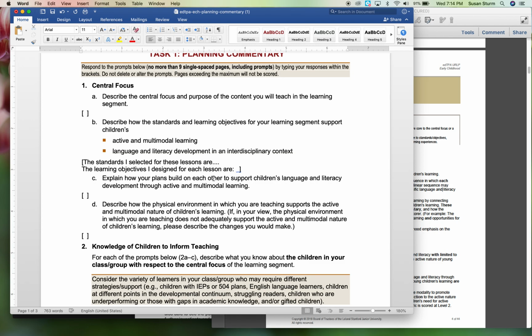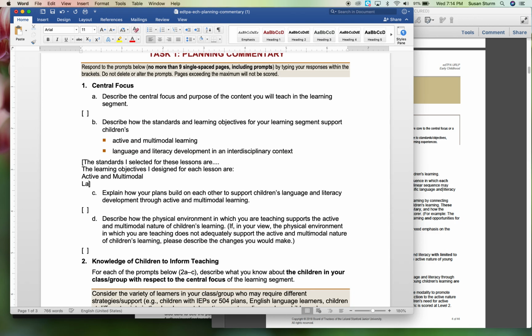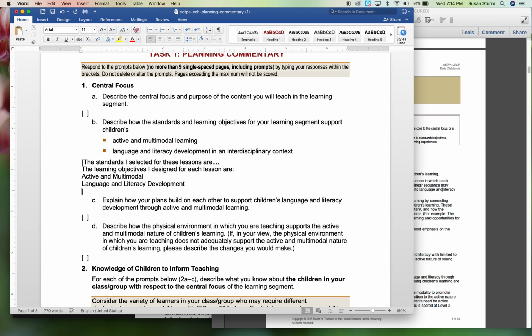So I suggest breaking this up into active and multimodal here, and then language and literacy development here, and then even adding another sentence for the interdisciplinary context here.